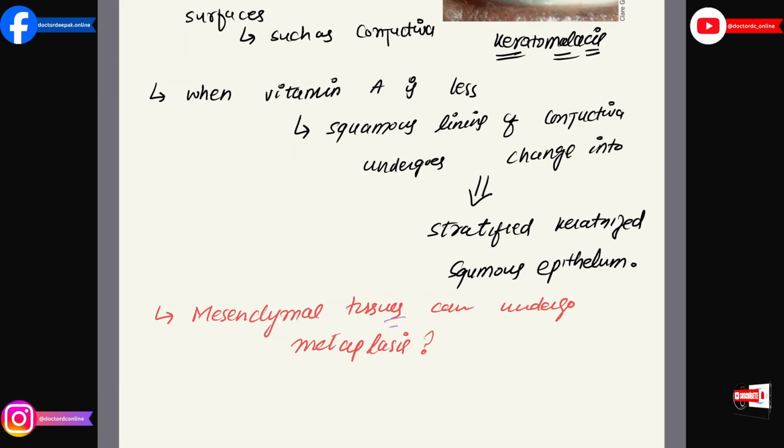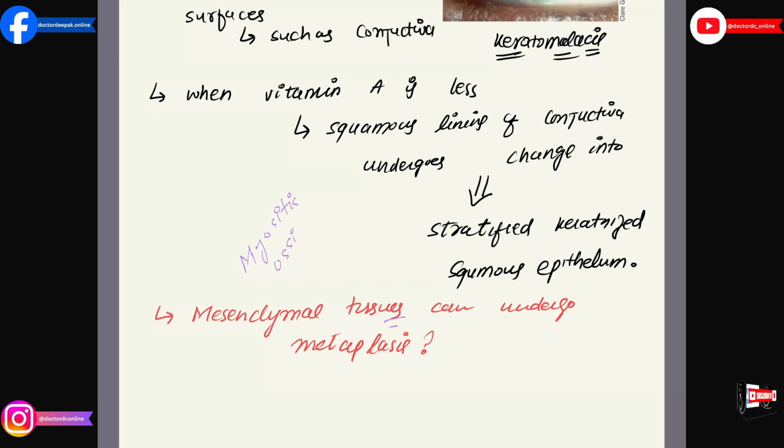First of all, keep in mind that the connective tissues present in our body can also undergo metaplasia. A classic example of this in connective tissue is myositis ossificans. What is myositis ossificans? It is a condition in which connective tissue within the muscle changes into bone after trauma. Let me write it here for you: myositis ossificans.